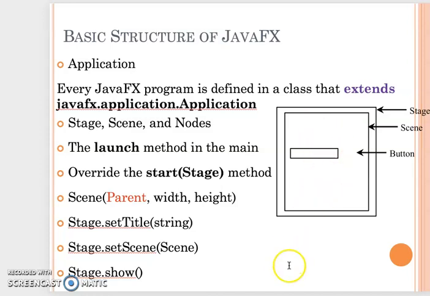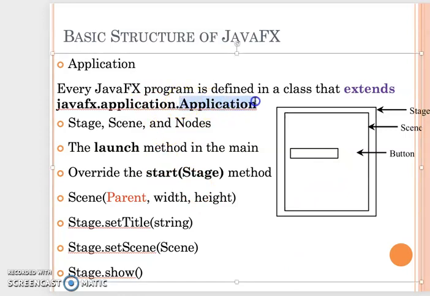That's why, when you extend Application for your JavaFX GUI, you need to override the start method. This start method will have a stage, and each stage has one scene. After you have your stage in your start method, you need to set your stage title, set the scene, and then show the stage.